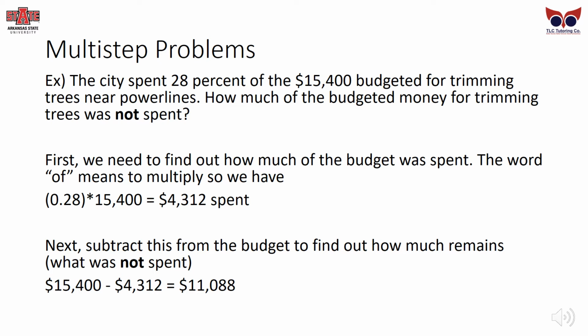First, we need to find out how much of the budget was spent. The word of means multiply, so we have 0.28 multiplied by 15,400, which tells us that $4,312 was spent. Next, we must subtract this from the budget to find out how much remains, or what was not spent.